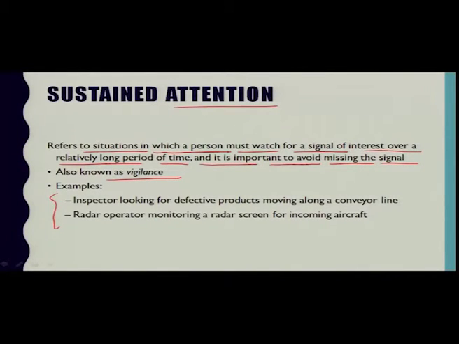As an example, an inspector looking for defective products moving along a conveyor line on their way to packaging. Another example is a radar operator monitoring a radar screen for incoming enemy aircraft.